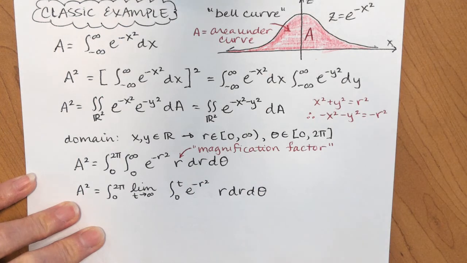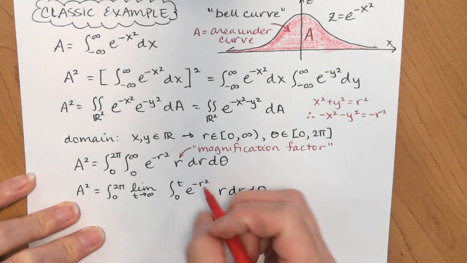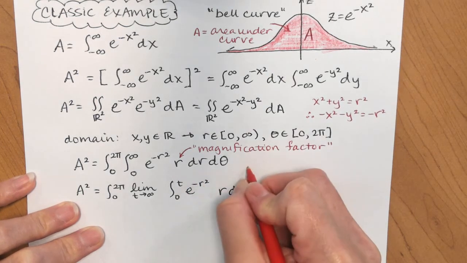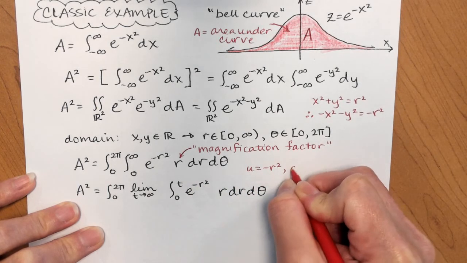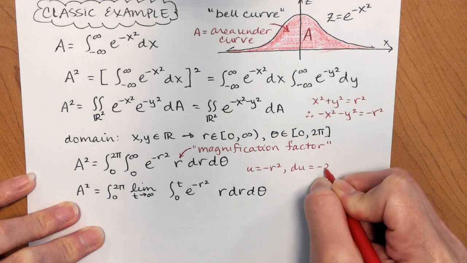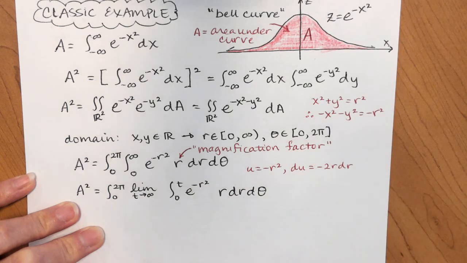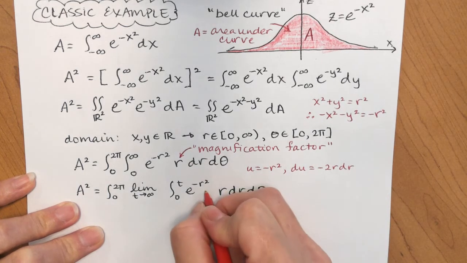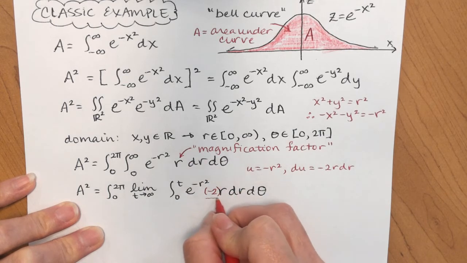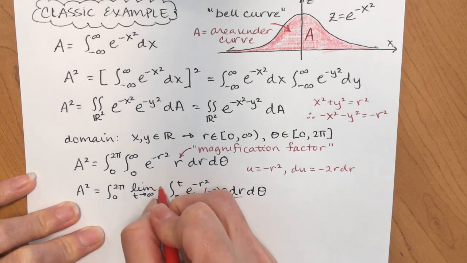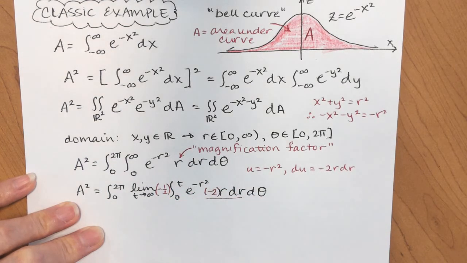And if I think of this as an e to the u du, if u is negative r squared, then du is negative 2r dr. So I'm going to put a negative 2 in here, so I have a du, and I'll balance that by putting a negative 1/2 out here.